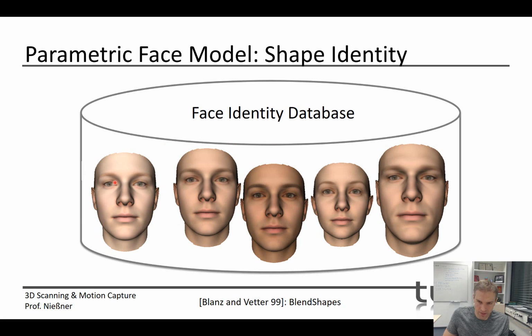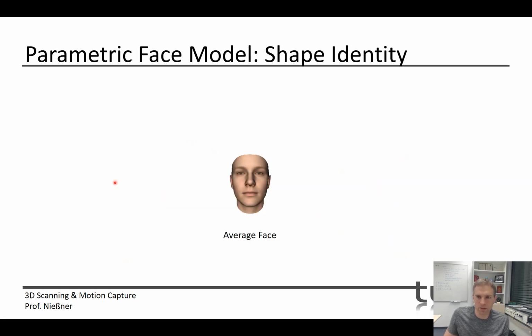Right? Okay. And one thing we can simply do, we could take all of these faces together that we have in our database, and we could try to compute an average face, based on the samples that we're having in this database. I'll later talk about how we actually compute this average face in practice.